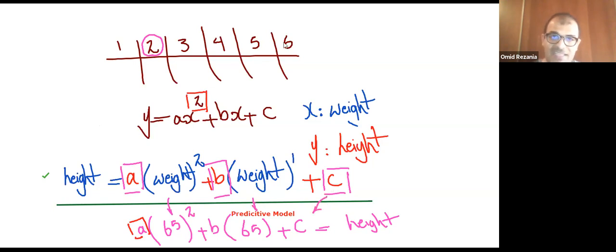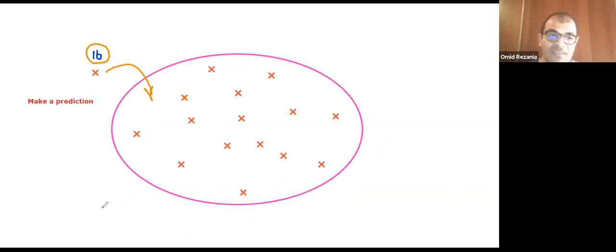Then you see the importance of making a right estimate for A, B, and C. Then any other woman who enters the room, for example from the back door, woman number 17, you can predict how tall she is going to be. Does it make sense to everyone?